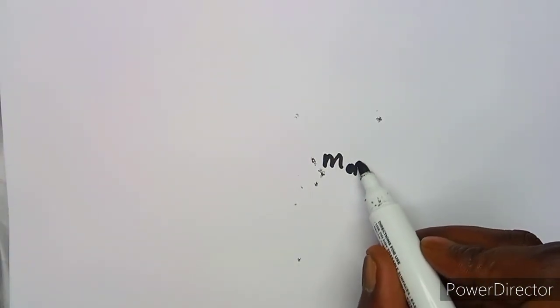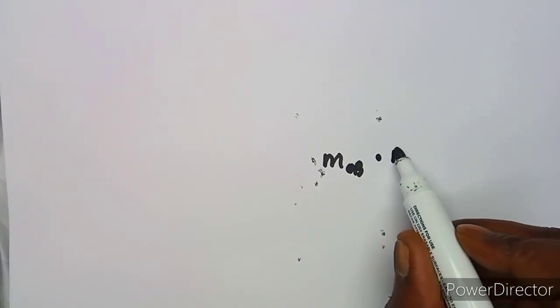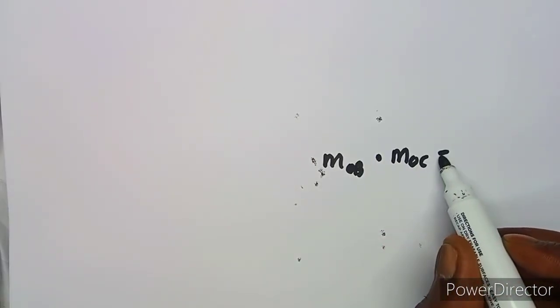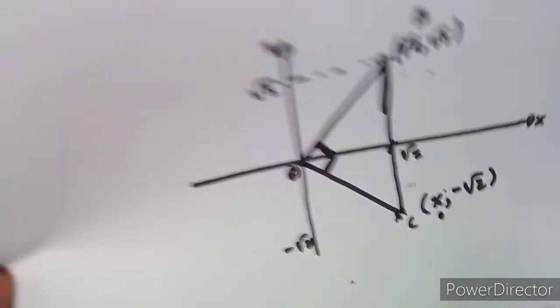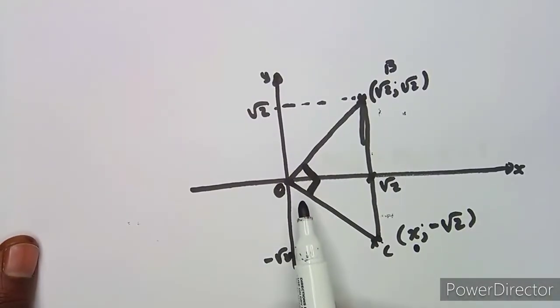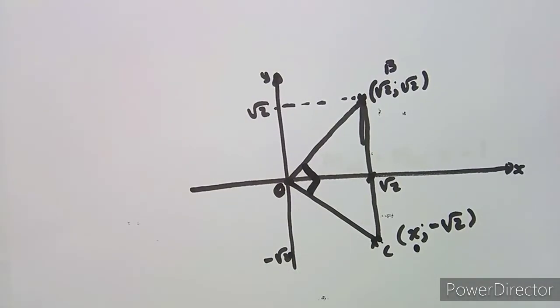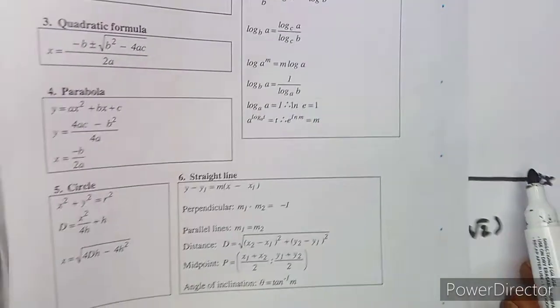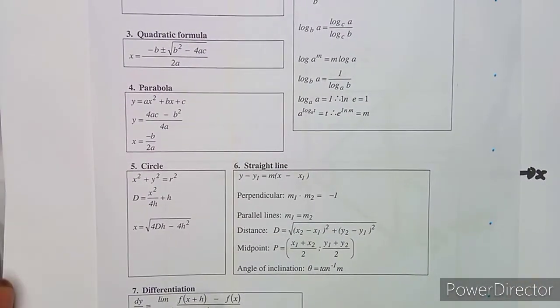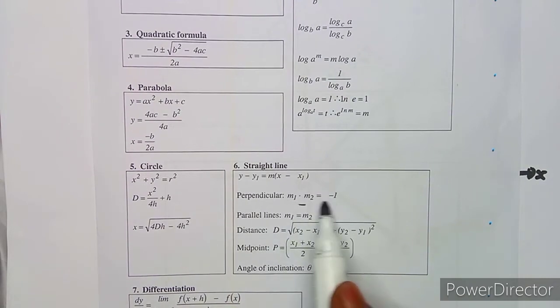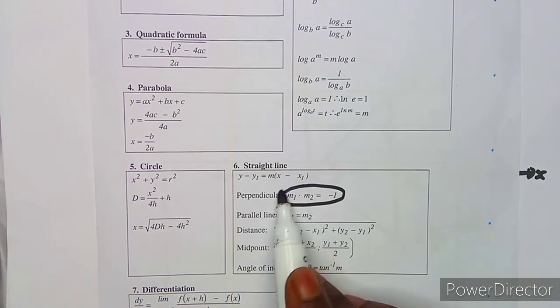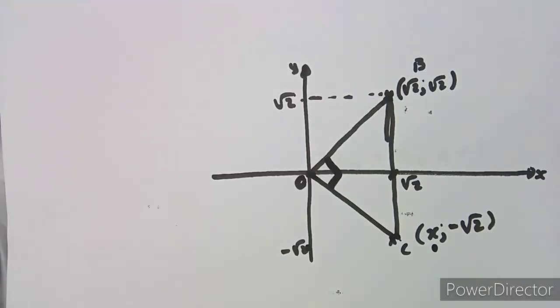The gradient of line OB times the gradient of line OC must give us -1. If the lines are perpendicular, the product of their gradients gives us -1.